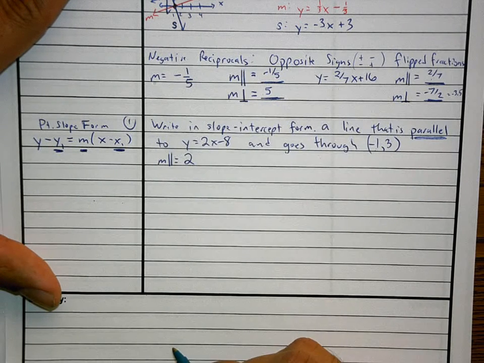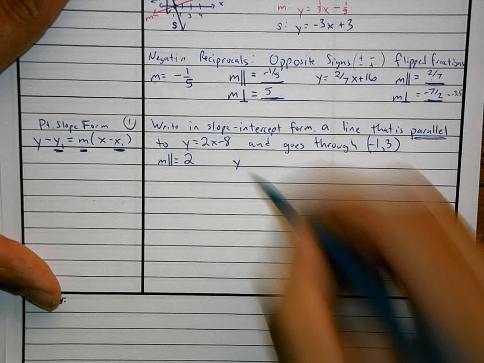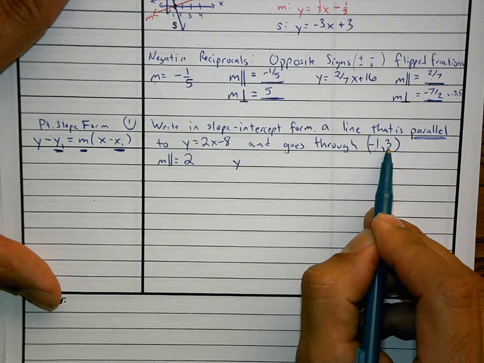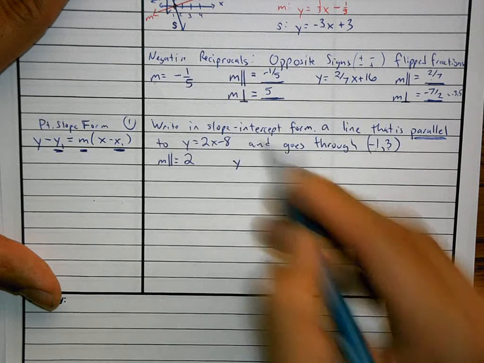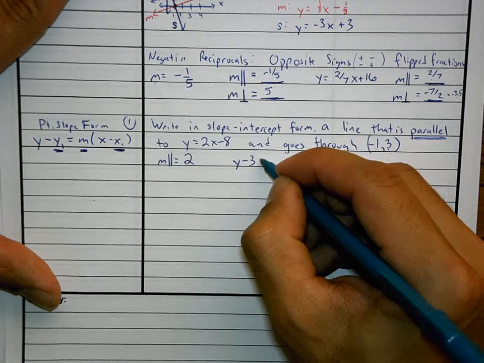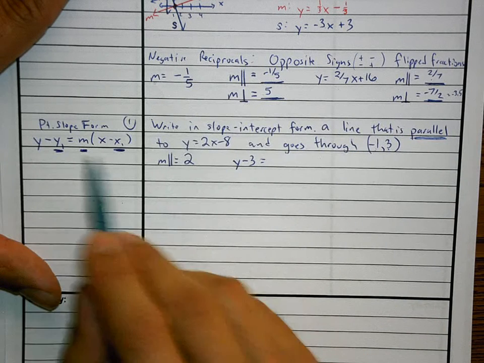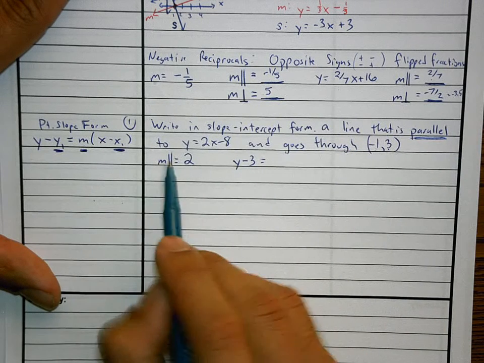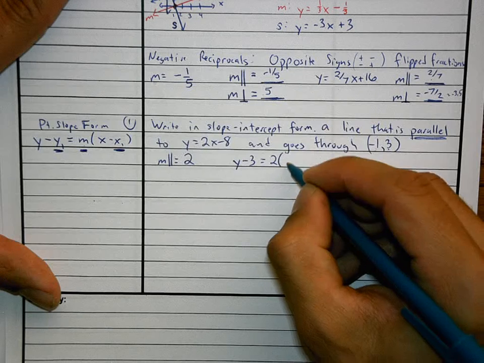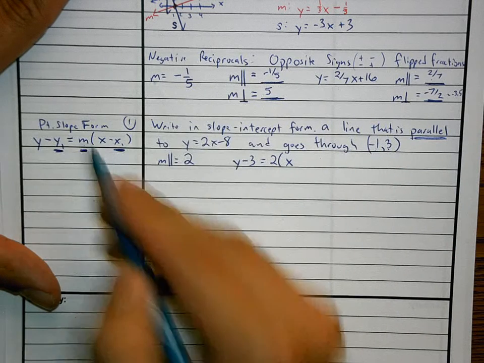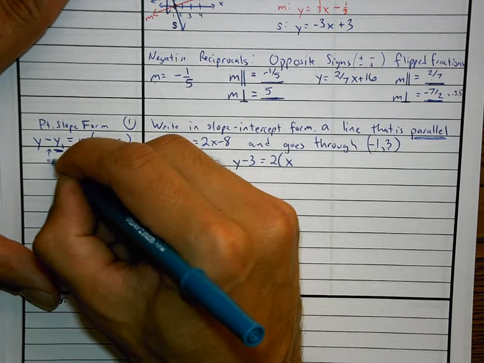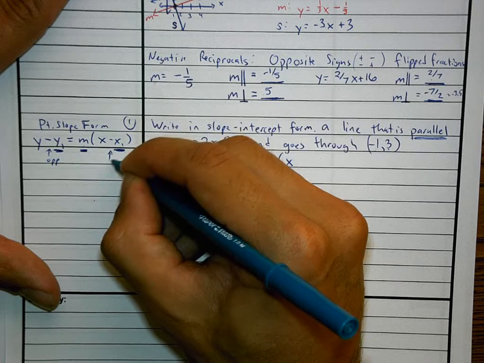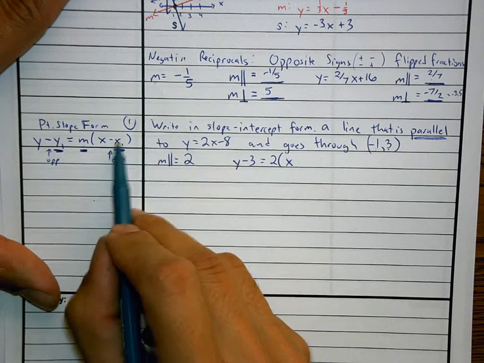So let's write it out. y, opposite of the y. Negative 3. Good, Jason. Equals, and I need the parallel slope. Parenthesis, x, and then I need, oh, I should write opposite, just to remind myself that I'm doing the opposite of the x and the opposite of the y.